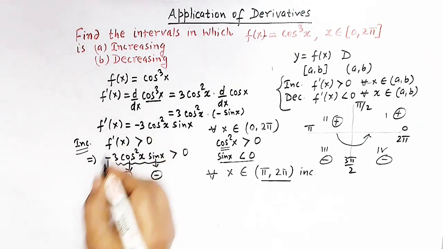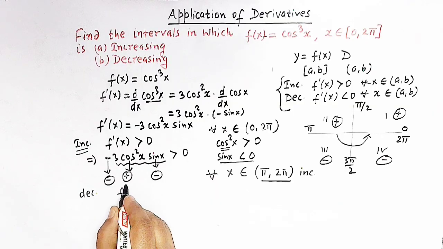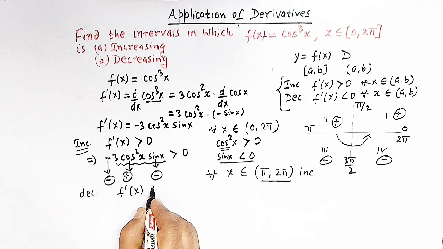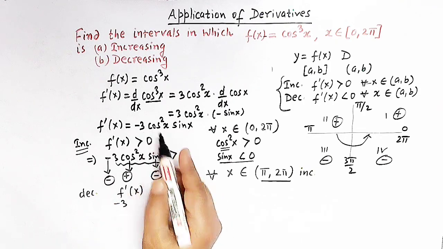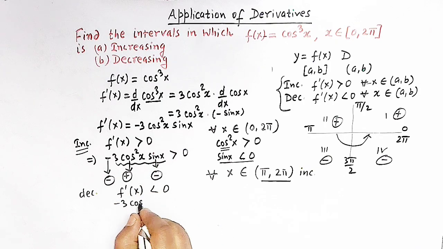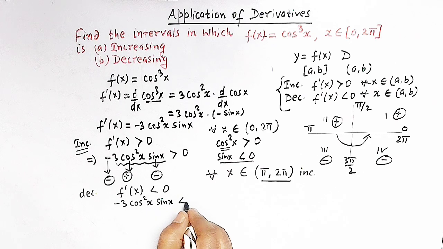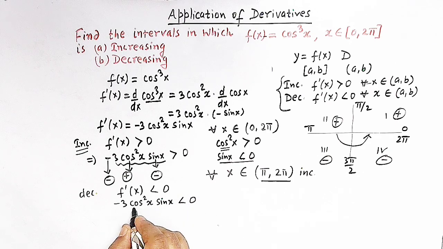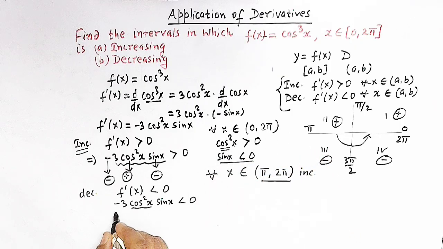Now for the decreasing function, this derivative, f prime of x, should be less than 0. So this term, minus 3 cos square x sine x, should be less than 0. Now cos square x is a positive term, and here we have the negative sign.